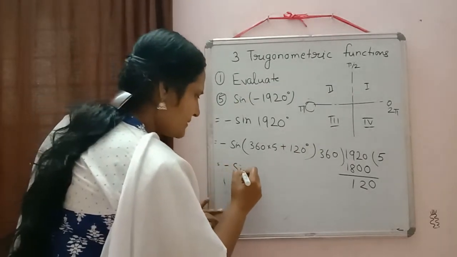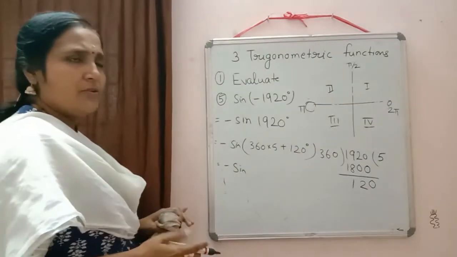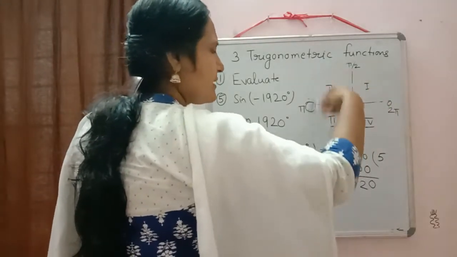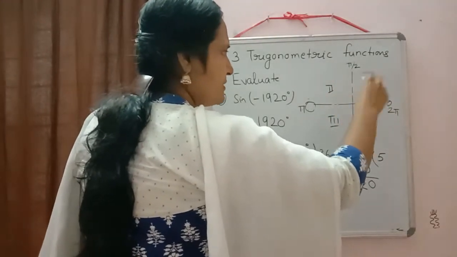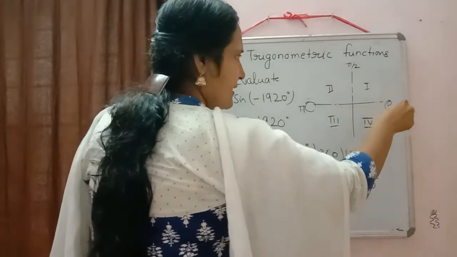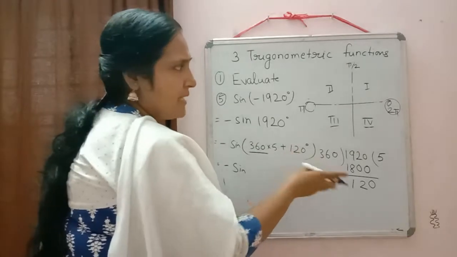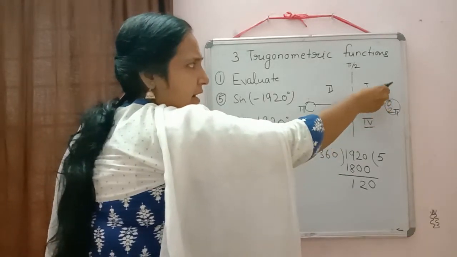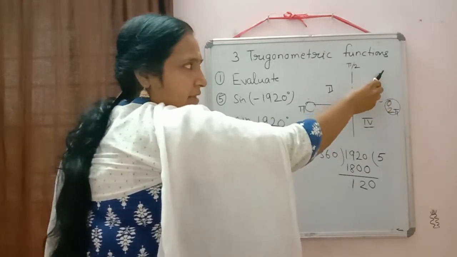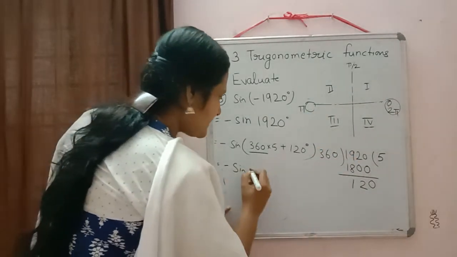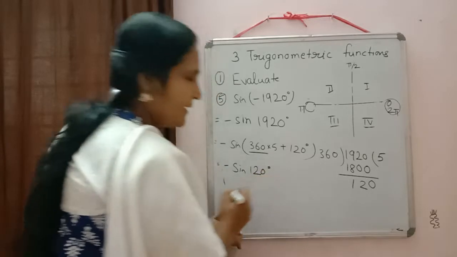Okay, so minus sine. Now 360 into 5: one round is equal to 360. So 360, 5 times we rotated, and again we are in this position. So 360 plus something means at present we are in which quadrant? First quadrant. And in the first quadrant sine is positive. So we will write here minus sine 120 degree.